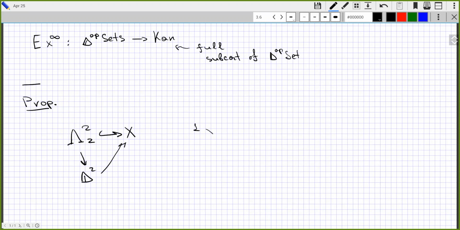So you get something like this, and you claim that there is such an arrow, which is something similar to an inverse.